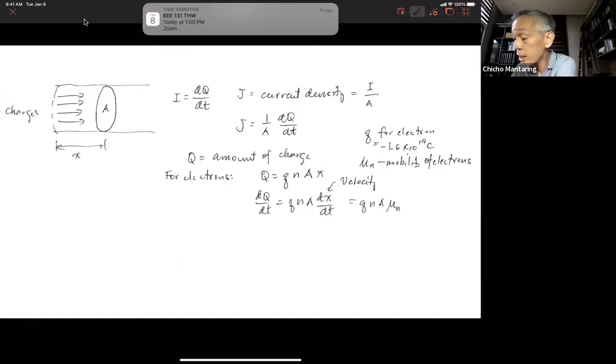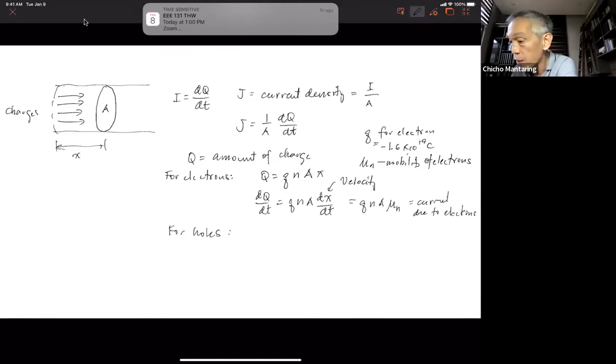So that is dq/dt. So this is equal to I. This is your current due to electrons. Okay. For holes, you can do the same thing, assuming now this is holes.